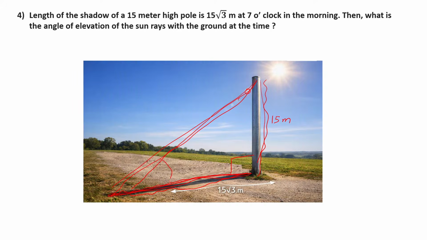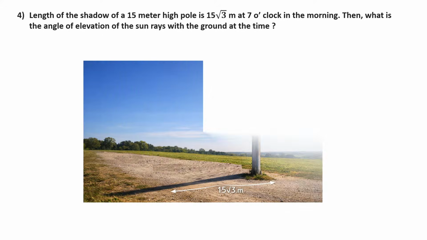That means this angle, theta, we need to find. Okay, I hope you have understood the diagram and the question. Here the angle of elevation of the sun rays we need to find, where the height of the pole is 15 meters and the length of the shadow is 15 root 3 meters.